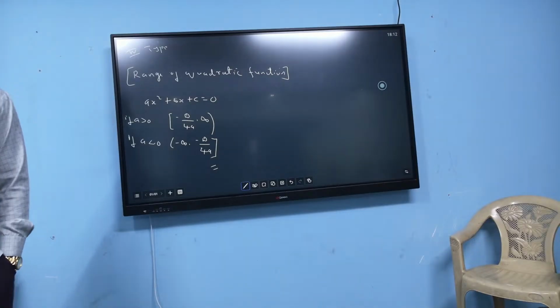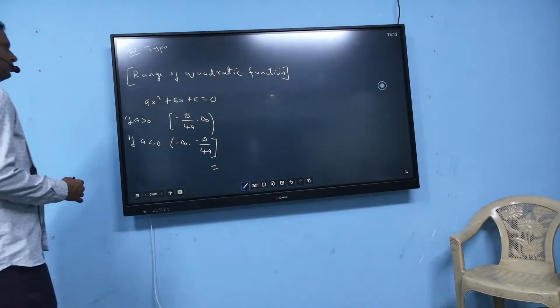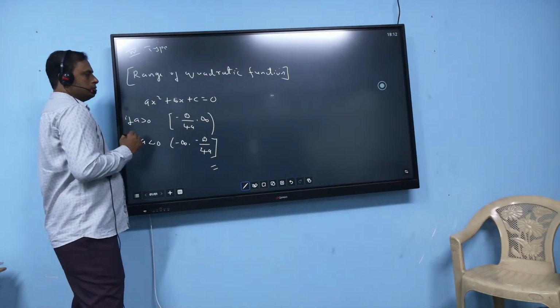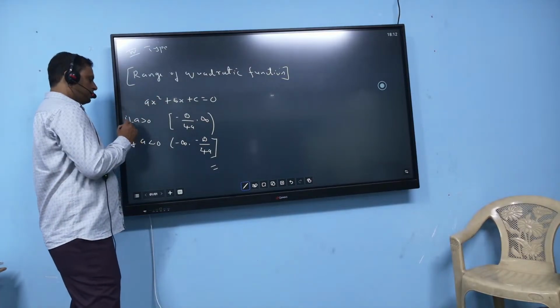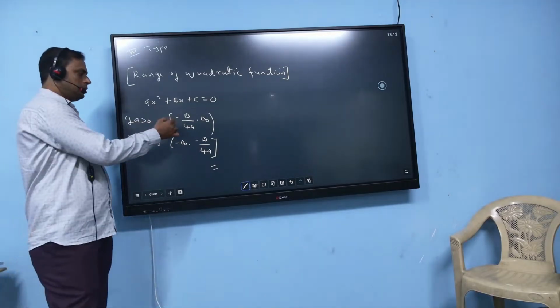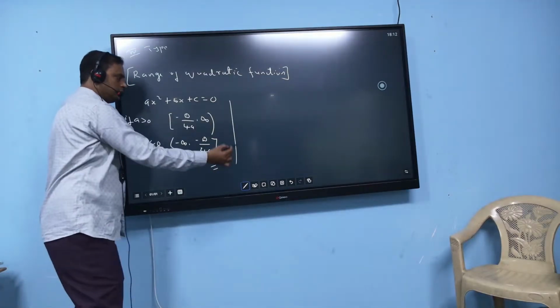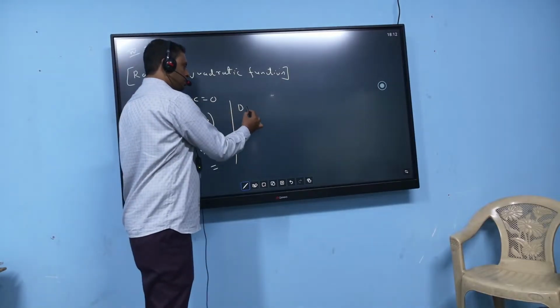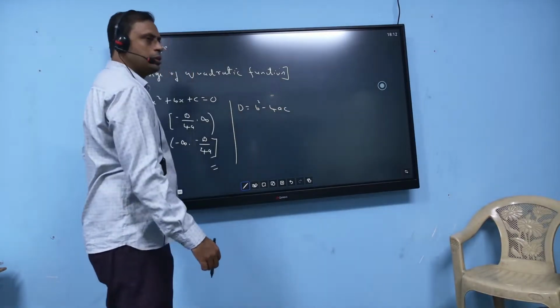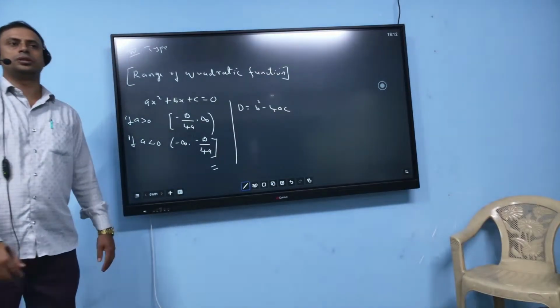Make a note of this. First, we have to check whether a is greater than 0 or less than 0. After that, I can use the formula. What is D here? Discriminant, b square minus 4ac. D is nothing but b square minus 4ac.